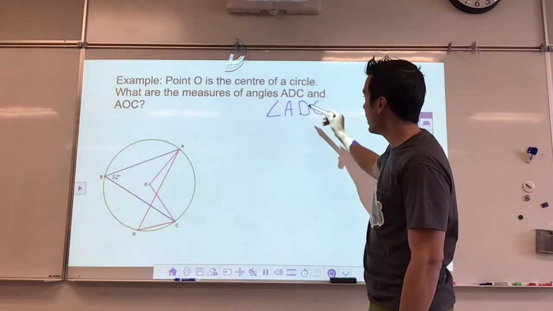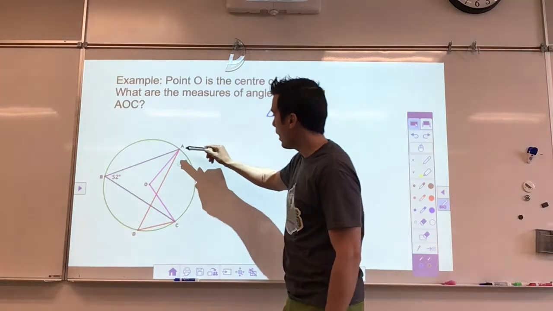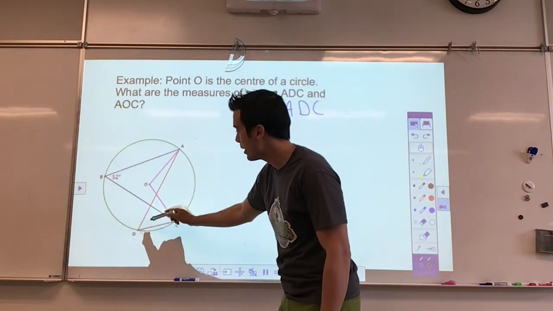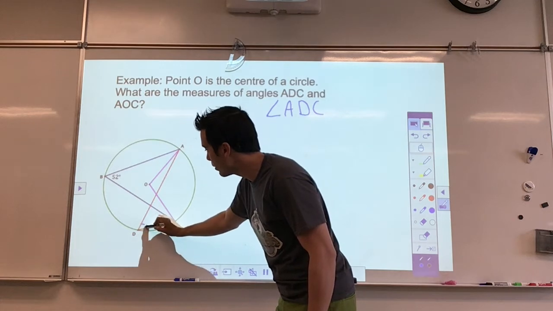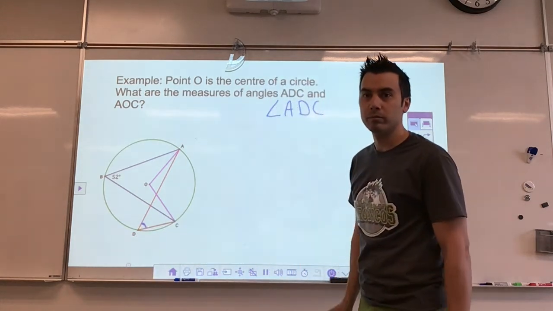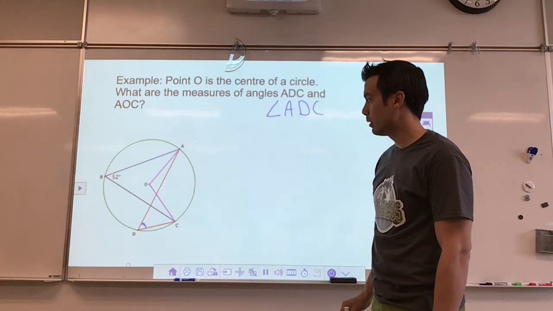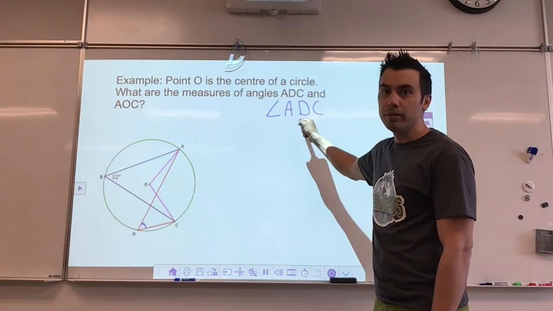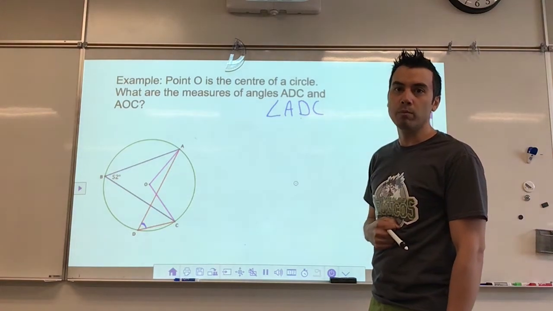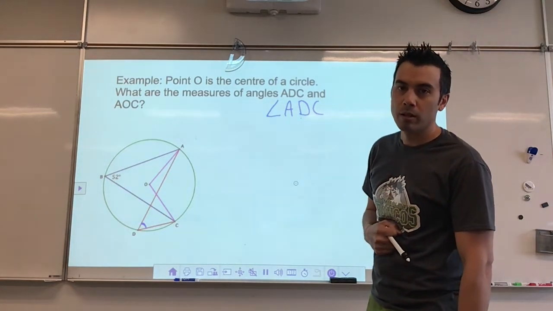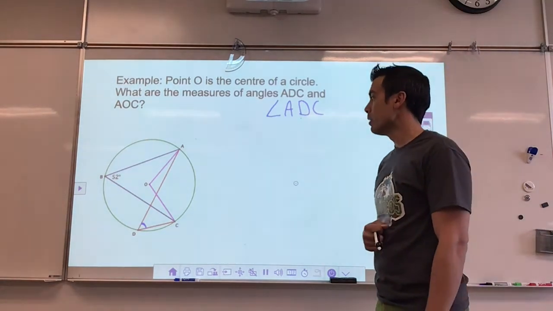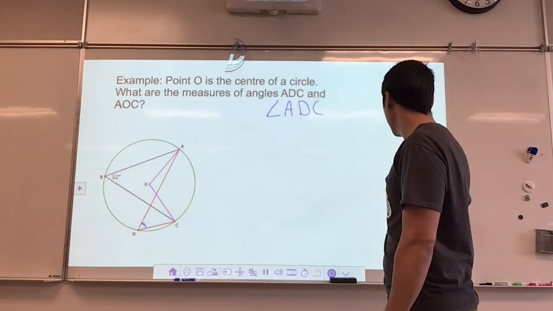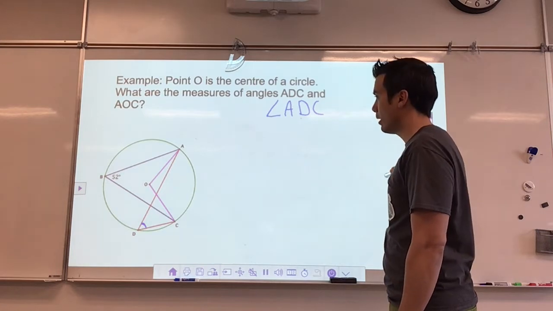So if I'm looking at ADC, A and C are the endpoints and D is the vertex. That means I'm looking for this angle right there at D. In a way, the middle letter is the most important because it tells us where the vertex is. And so I'm going to use some of these circle properties to figure out that angle.